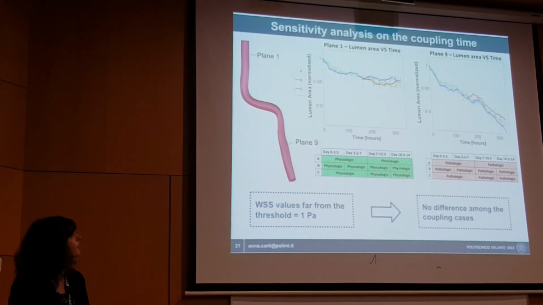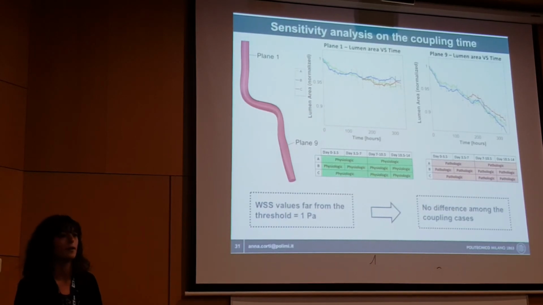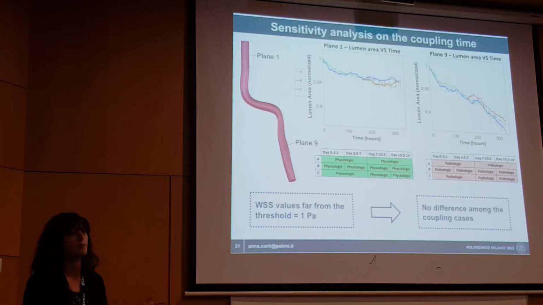In fact, we can notice a good agreement among the 3 cases in terms of lumen area over time, but also, as we can notice from the tables, in terms of agent-based model simulation mode. Plane 1 always remains in physiologic mode, and plane 9 always in pathologic mode, independently of the coupling period adopted.